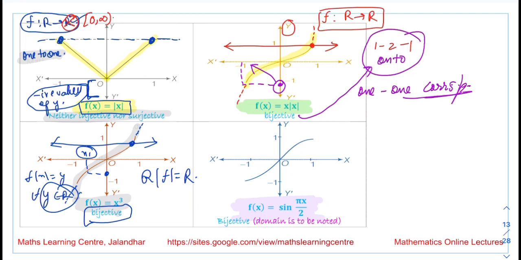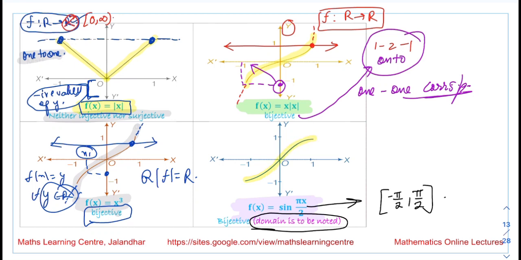If this function is defined on the interval from −π/2 to π/2, that is, we restrict the graph to this region only, or we can restrict its domain to be −π/2 to π/2, then in this region this function is a bijective function.